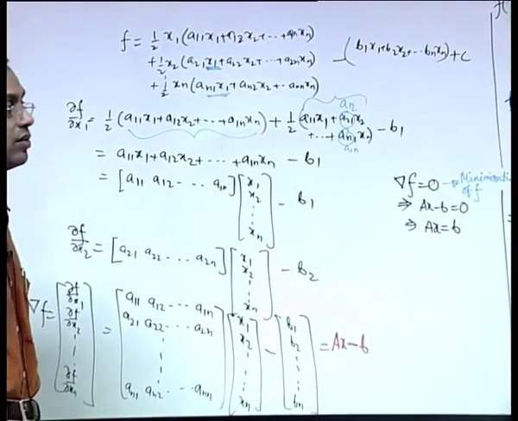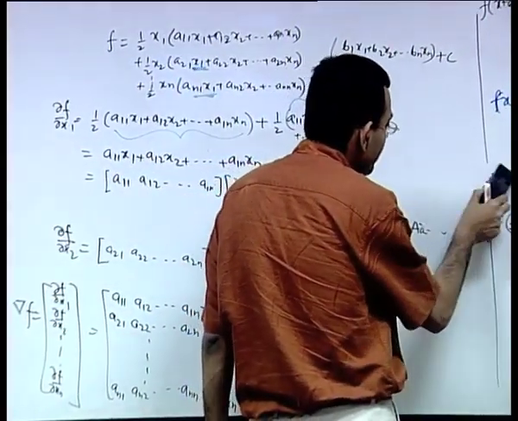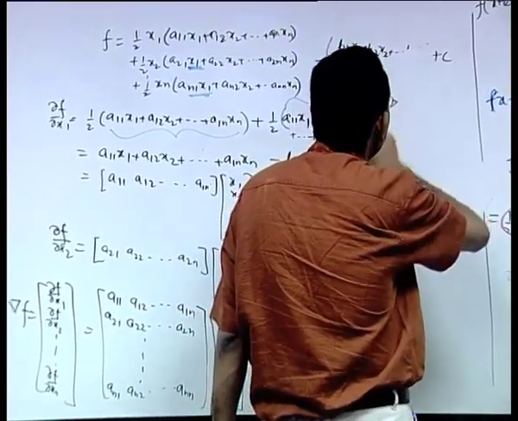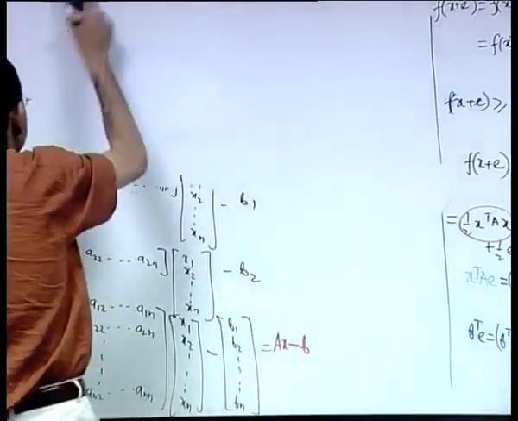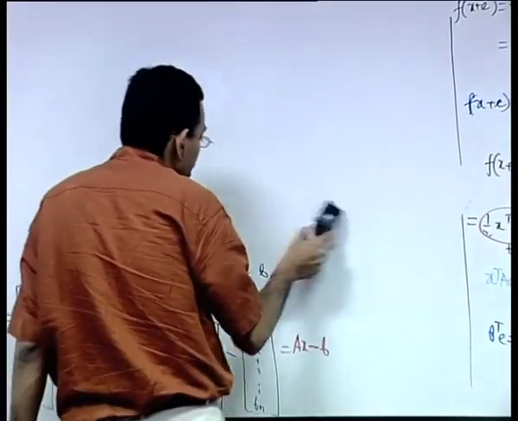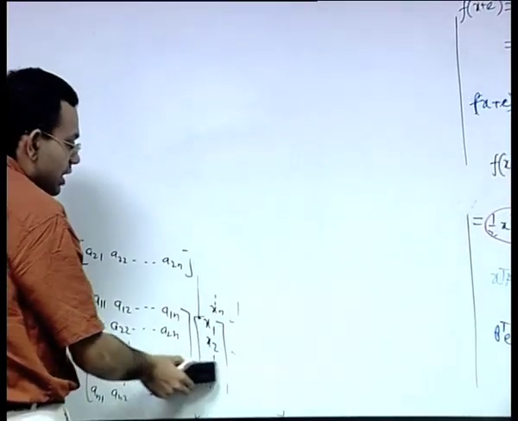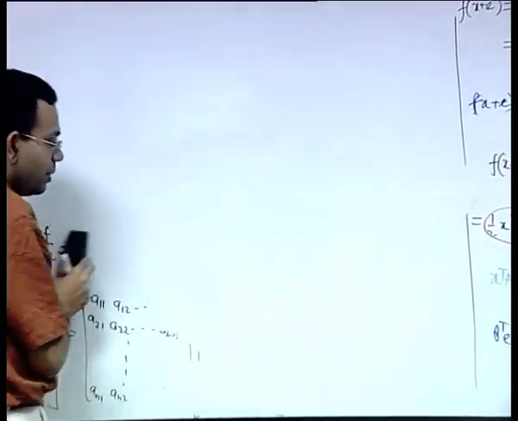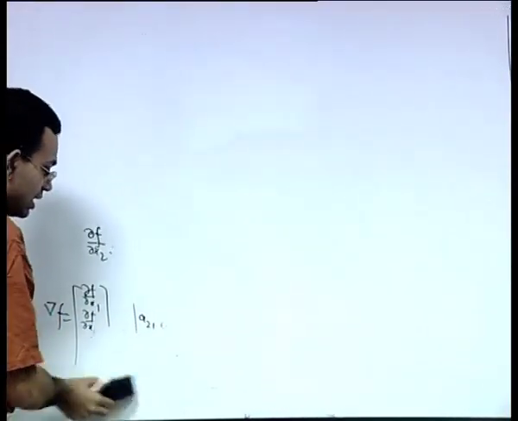So based on this technique, one may go for a solution of the system Ax equal to b not in a direct way, but in an indirect way, by constructing the function f and then minimizing that.